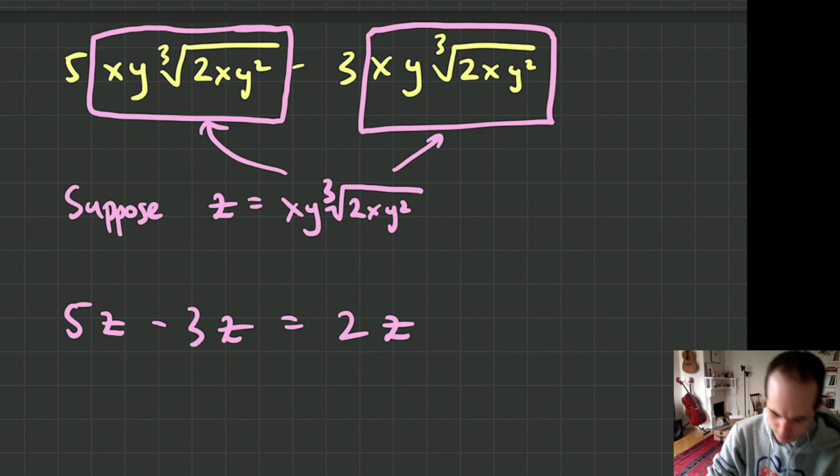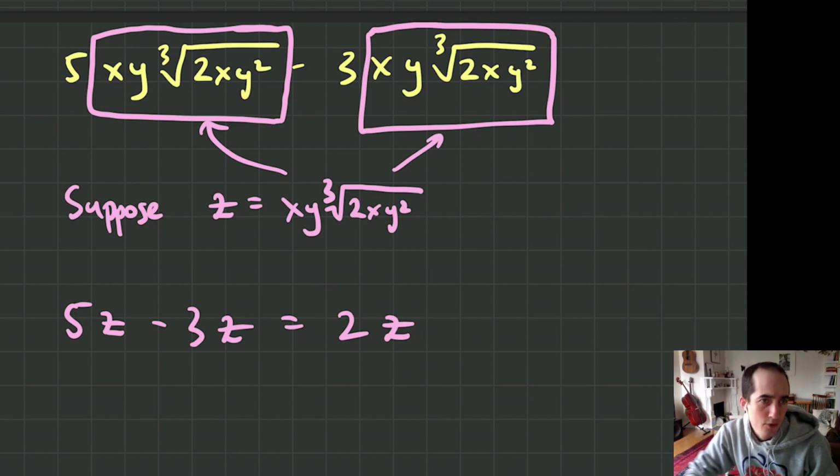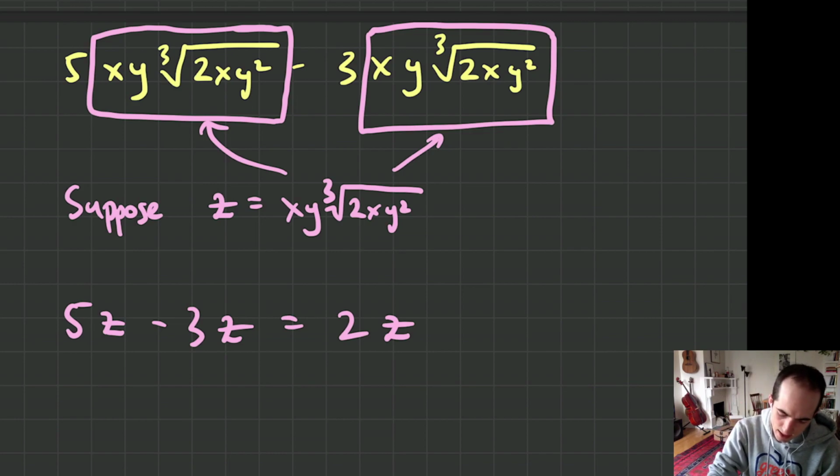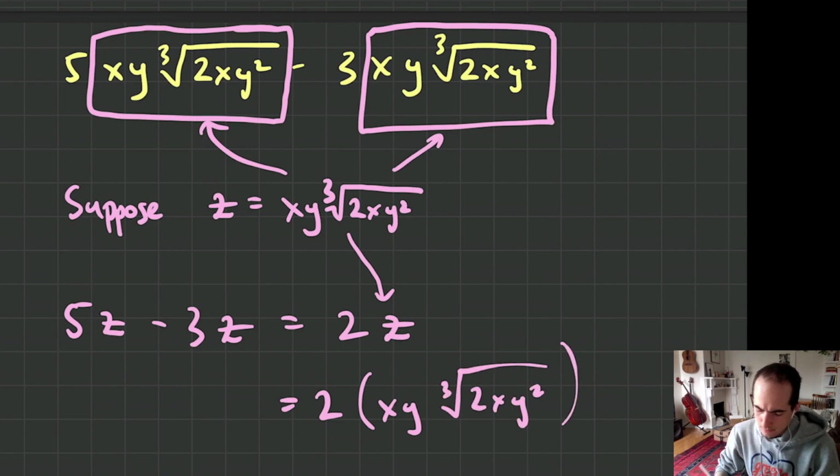So thinking of it like that, no, they wouldn't cancel out, because now I would put z back into the equation. So this would be 2 times xy times the cube root of 2xy squared, right? So that's one way of thinking about it.